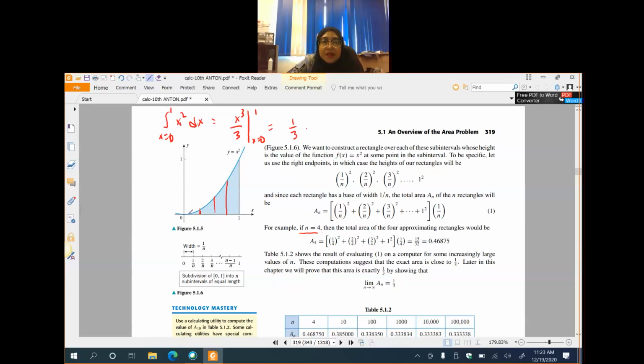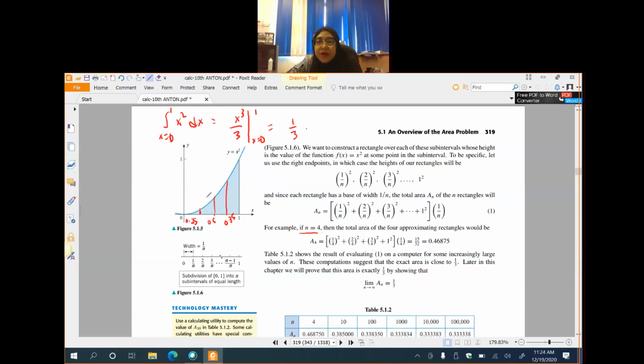Each of them will be 0.25 because from here up to here will be 1. So this one will be 0.5 and here will be 0.75. Each of these lengths will be 0.25. And then there are several ways to represent the rectangles.